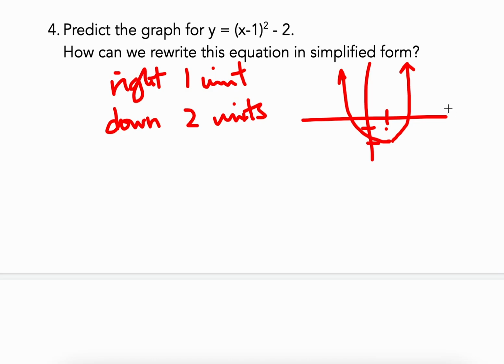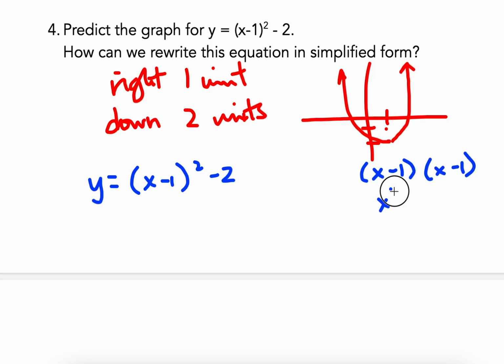All right, and then the last thing that this problem is now asking you is how can we rewrite this equation in simplified form, right? So this equation, y equals (x minus 1) squared minus 2, can actually be written in a different format. We can multiply out the (x minus 1) binomials.